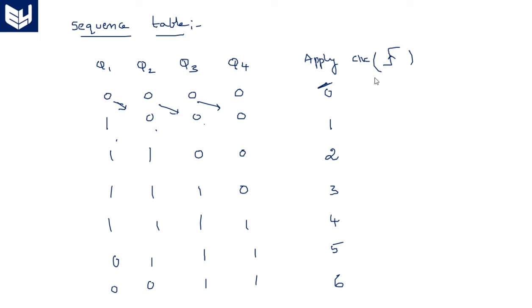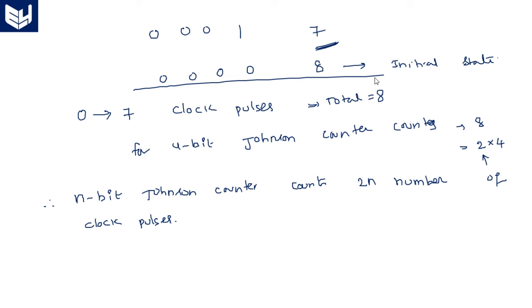And this is the sequence table where the sequence of information is changing bit by bit, right side shifting, and the complemented output of the last flip-flop is connected as the input for the first flip-flop. The sequence table says that it can count 8 clock pulses, 0 to 7, nothing but 8 clock pulses.